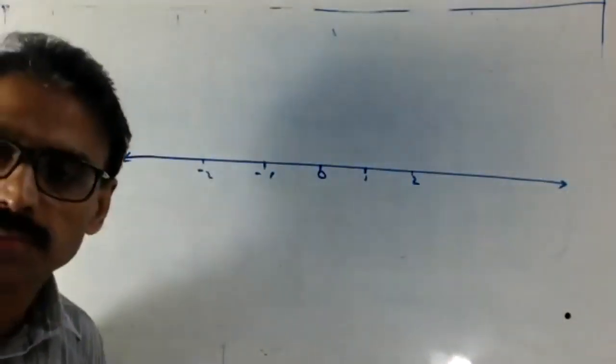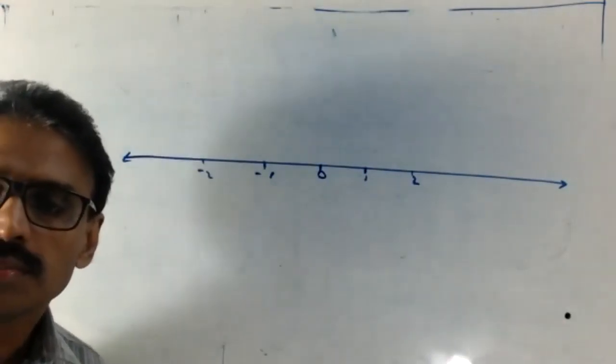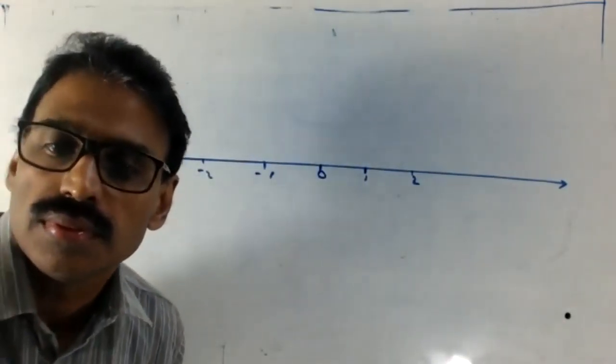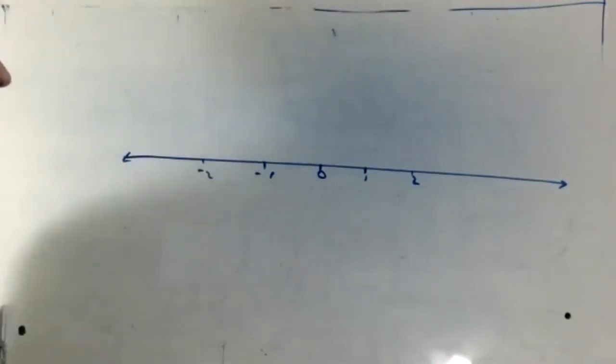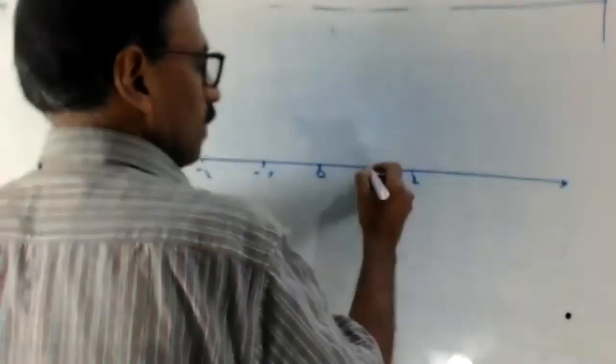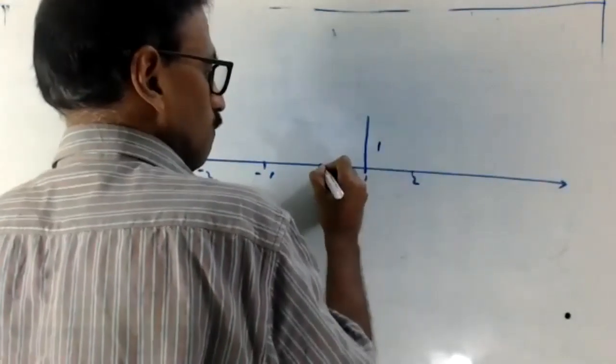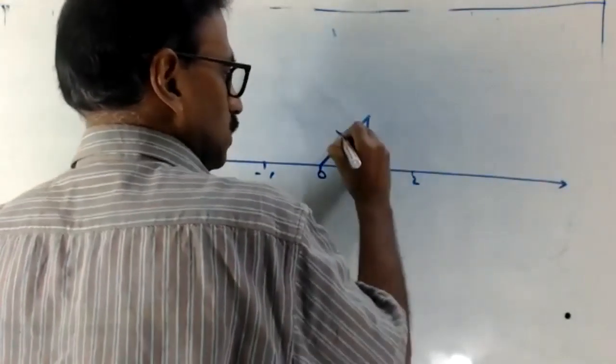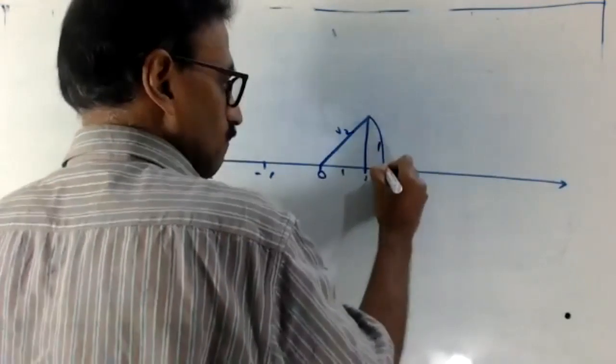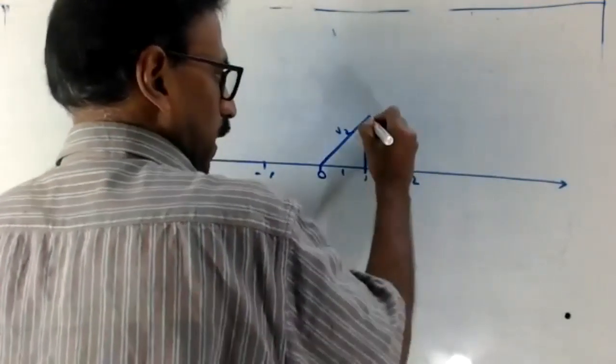Then look at here. Take 1 here. 1, 1. This is root 2. You draw root 2. Again 1.